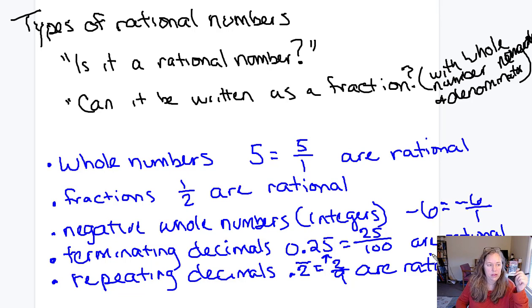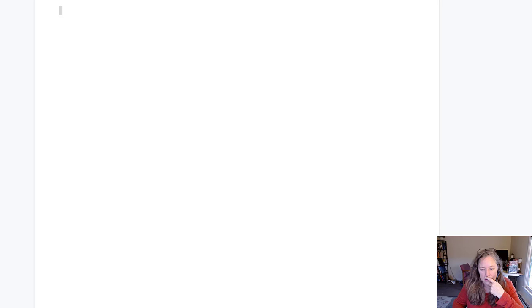I have to erase this, so you may want to pause. The last kind of rational number is square roots of perfect squares.